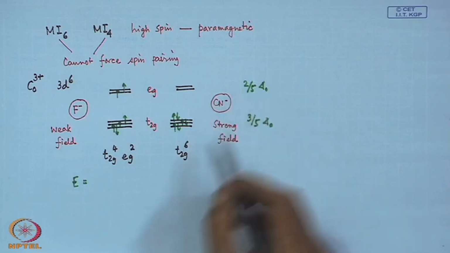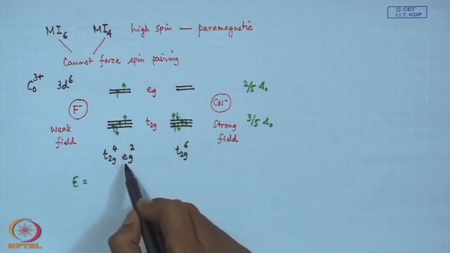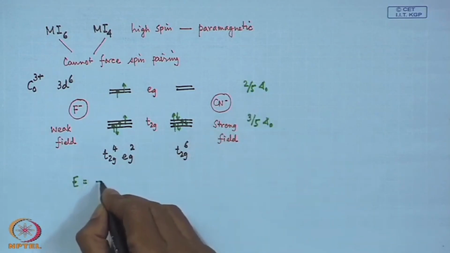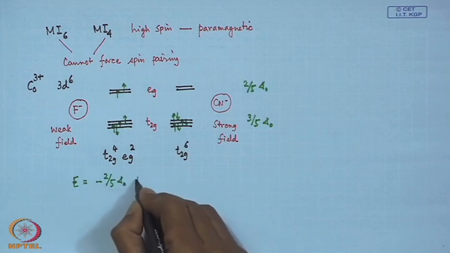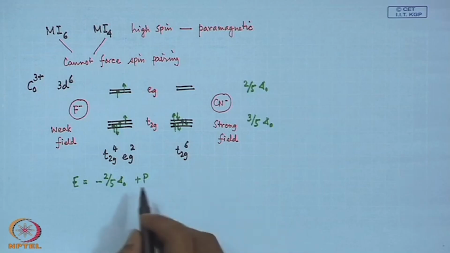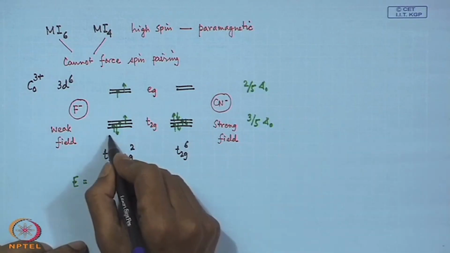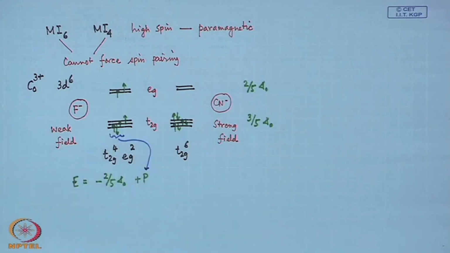If we add up these two, the per electron occupancy in the t2g level gives stabilization of minus 3/5 delta O, and per electron occupancy in the eg level is plus 2/5 delta O. We get this value as minus 2/5 delta O plus P, where P is the corresponding pairing energy.